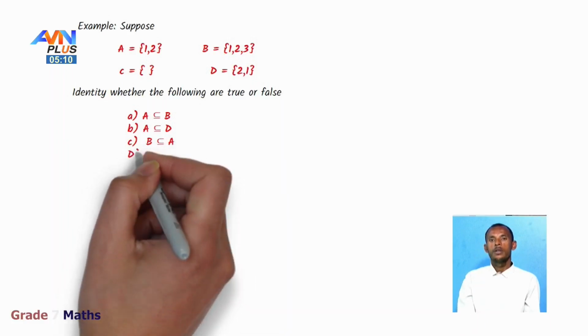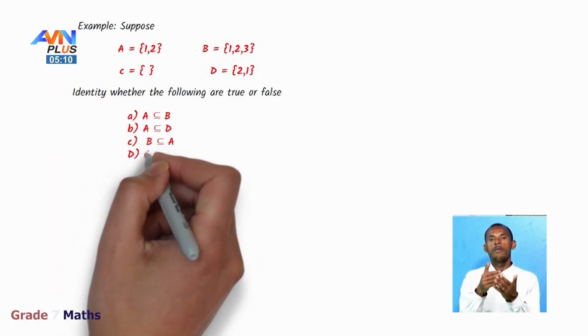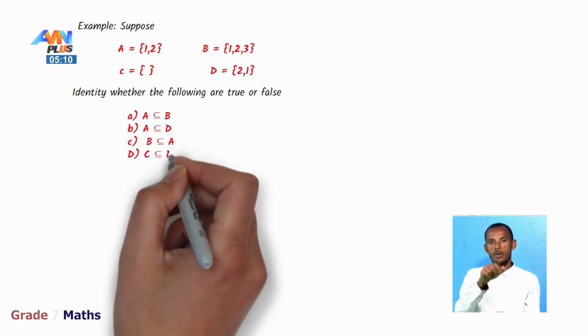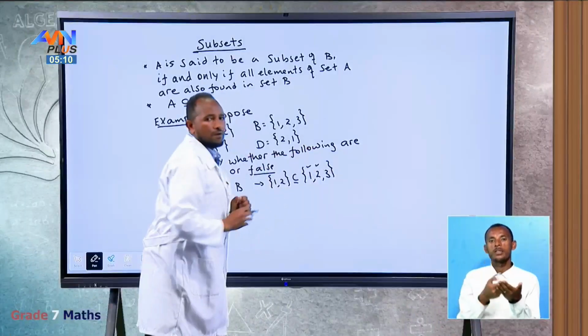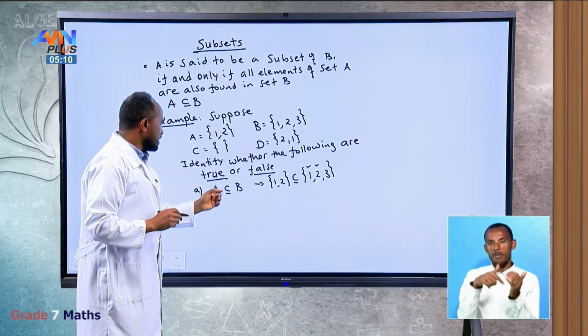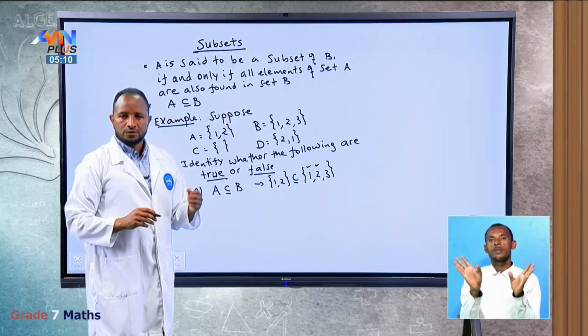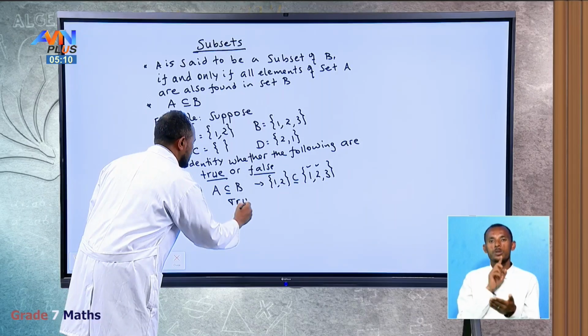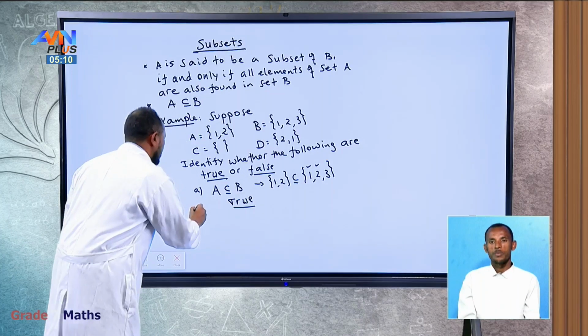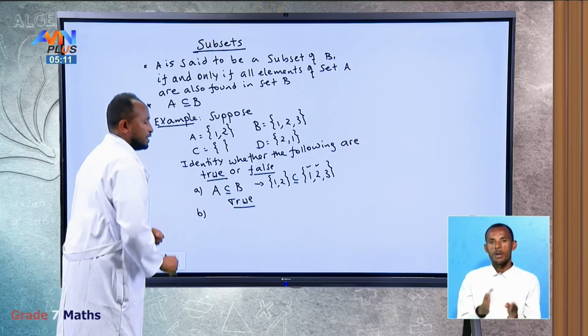Are all these elements found in this set? Yes. 1 is found here, 2 is also found here. All elements of this set are also found there. Therefore, A is a subset of B is a true statement. Now let's proceed to the second example.